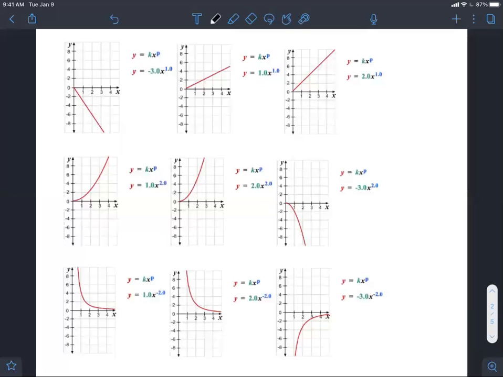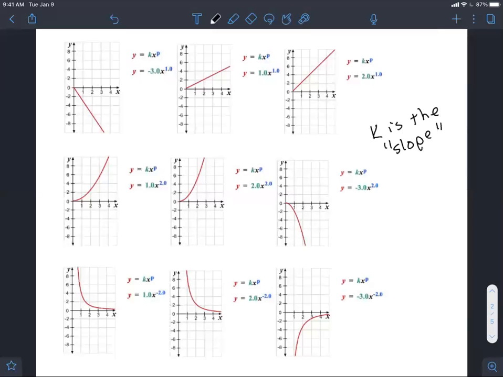It's the rate of increase for that function. Basically that's what I want you to equate k to. It's the rate of change for that function.